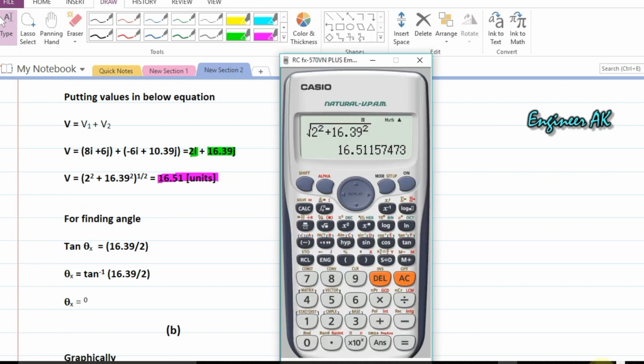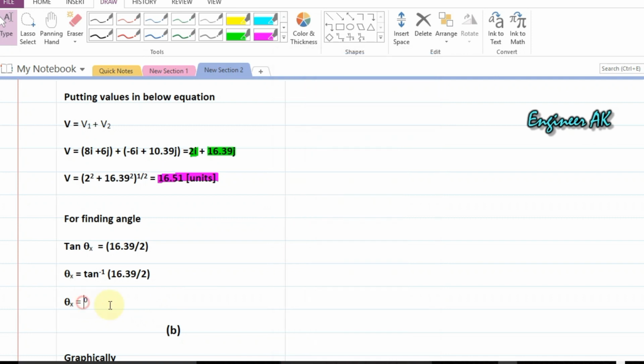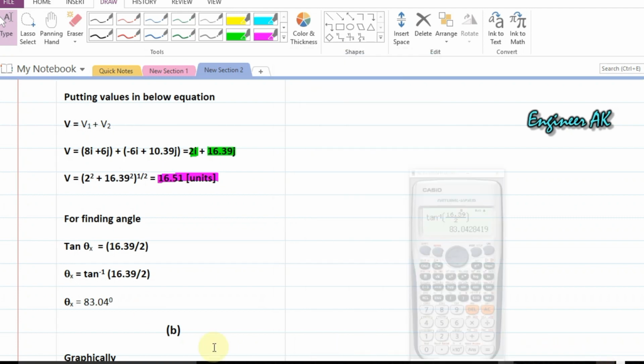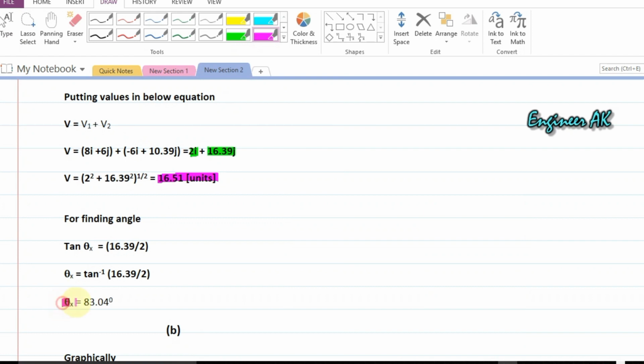Okay, so if we plug in the values, tan inverse 16.39 divided by 2, it is making an 83.04 angle with positive x-axis, 83.04. Let me check it. Yes, 04. So that's the angle we have found, right?